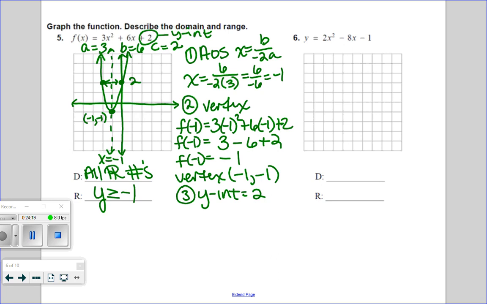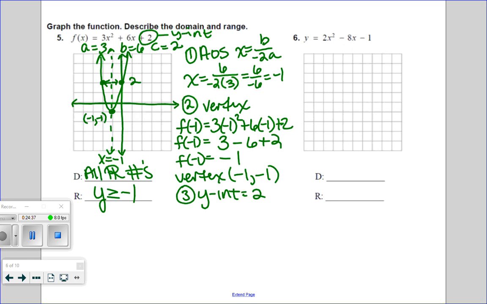But in a problem like this, it's not attached to any real scenario, so it's always all real numbers, and you put arrows on both ends, just like I did. You're saying, I'm not going to keep graphing this forever, but it goes on forever, just like that.